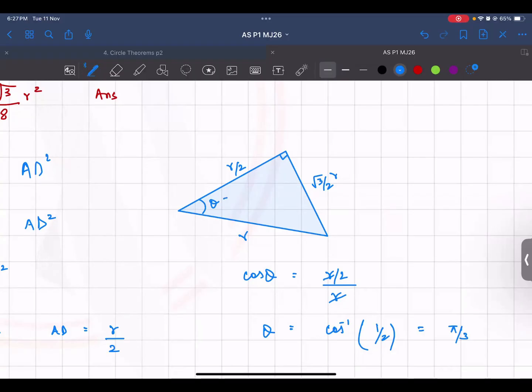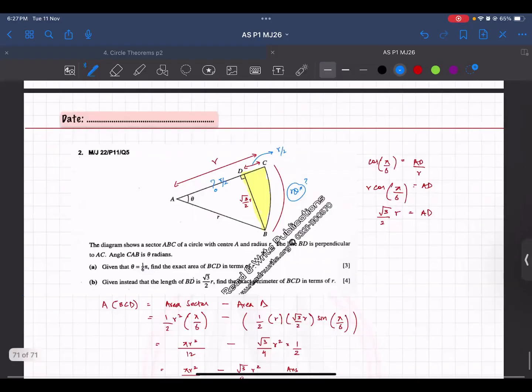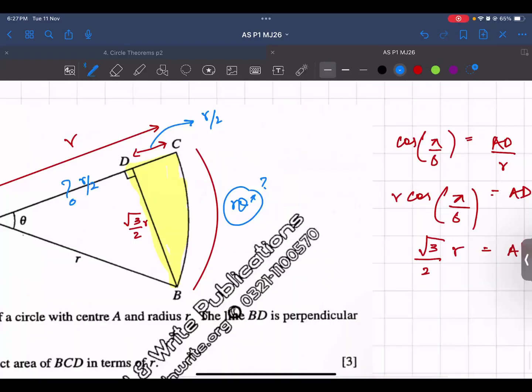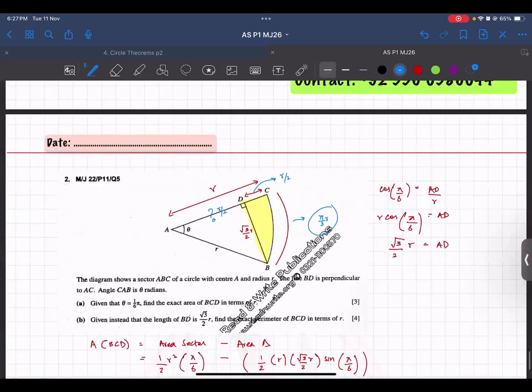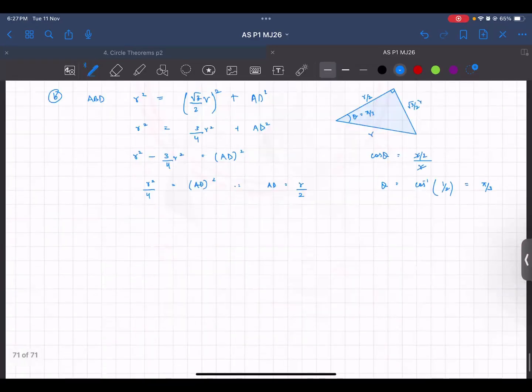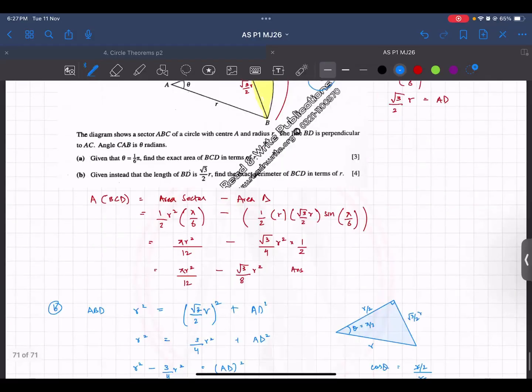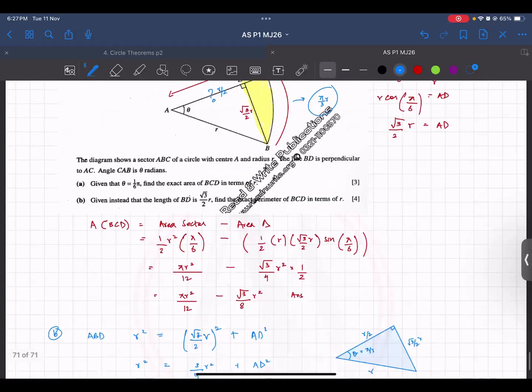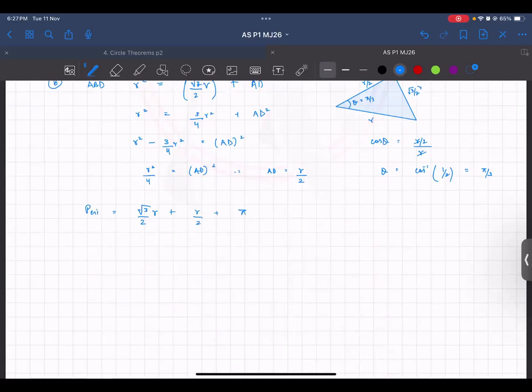So now you have the value of theta. And so your arc would become r theta, which is pi by 3 into r. This is your arc length. And so the complete perimeter would become root 3 upon 2r plus r upon 2 plus this pi by 3 r.